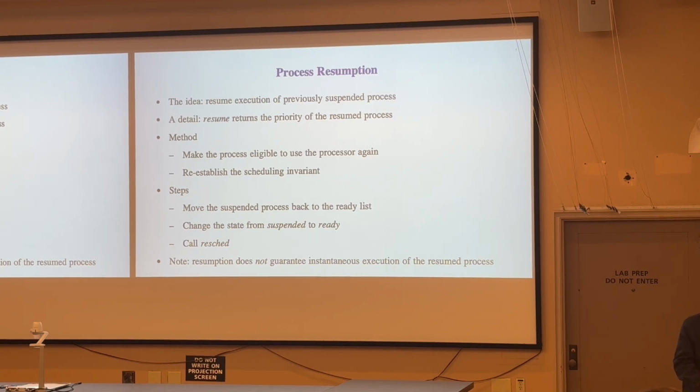So the general steps: you move the suspended process back into the ready list, and of course change the state from suspended to ready, and call reschedule. Reschedule always reestablishes the scheduling environment, because it picks the one process that has highest priority and puts it onto the CPU.